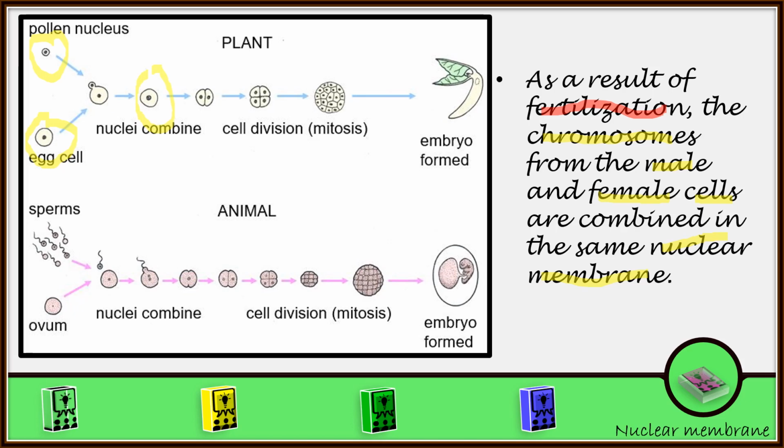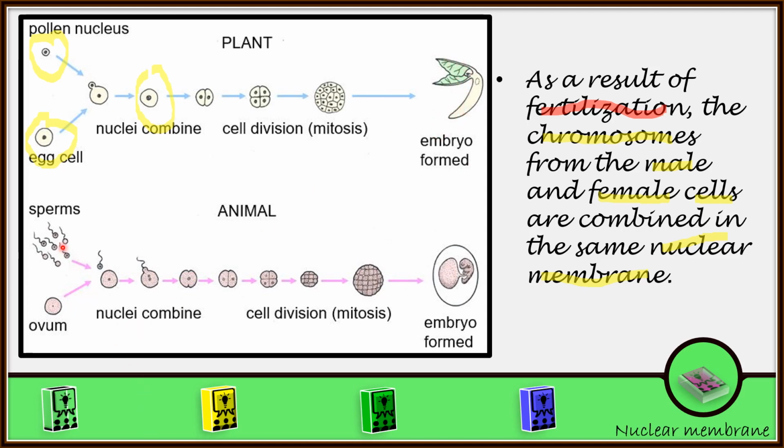The nucleus of the pollen and the nucleus of the egg cell brought chromosomes, and when they come together, those chromosomes are going to combine together in the nuclear membrane. So here in plants, cell division will now take place. The cell that has been formed will undergo cell division by mitosis, increasing in number, and later we shall form an embryo, which is going to form the plumule and the radicle.